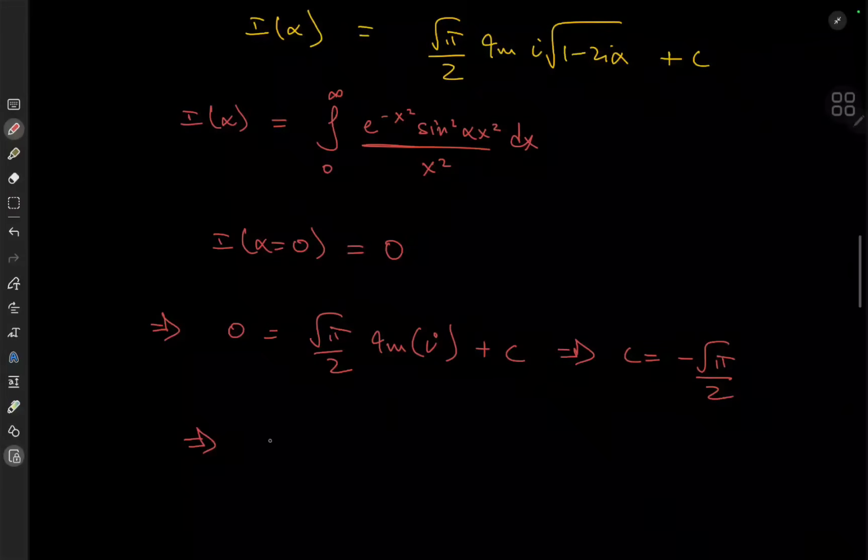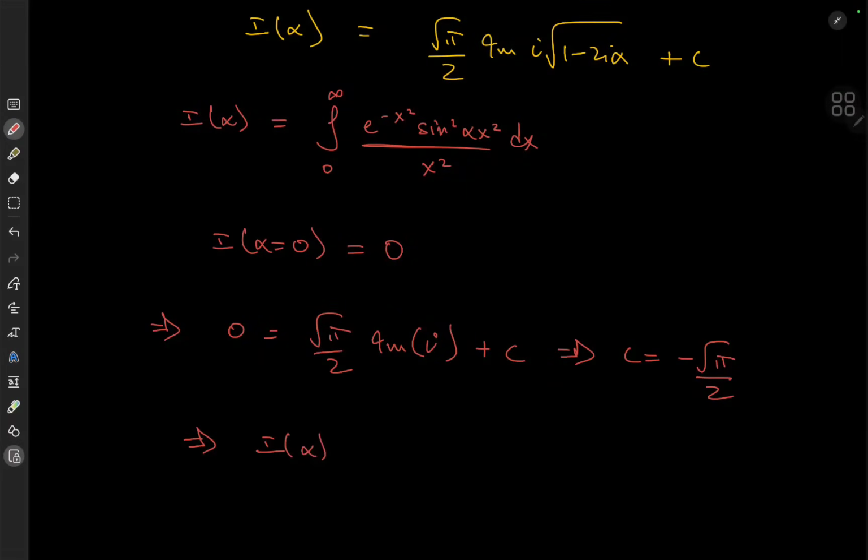And this implies that I of alpha, we can factor out a root pi over 2 term, and we are left with, well, there's a negative 1, right? Yes, indeed. So we have the imaginary part of i times root 1 minus 2i alpha minus 1.